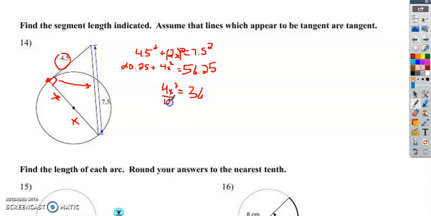And 36 divided by 4 gives me x squared is equal to 9. And then if I take the square root of both sides, I'd be looking at x is equal to 3. All right, x is equal to 3.